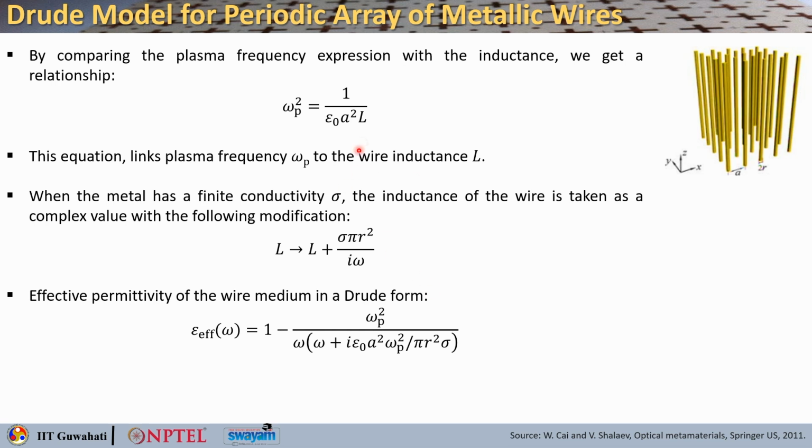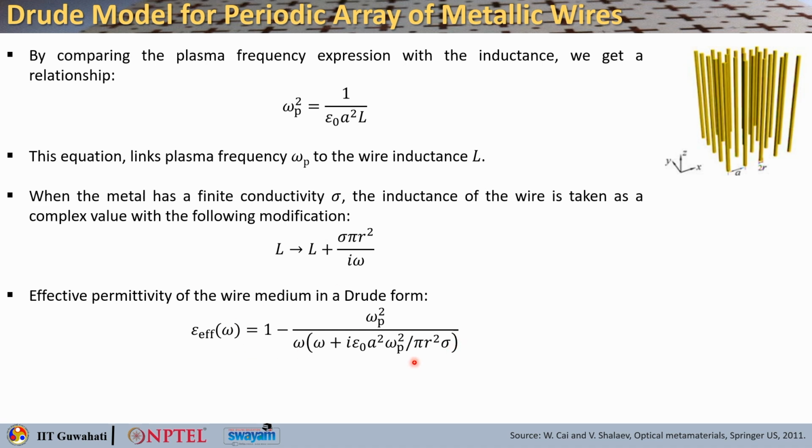So, the effective permittivity of the wire medium can now be expressed in a Drude form as epsilon effective equals 1 minus omega p squared divided by omega times omega plus i epsilon naught A squared omega p squared divided by pi r squared sigma.